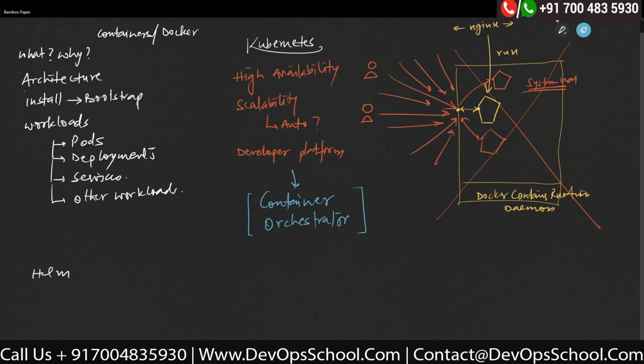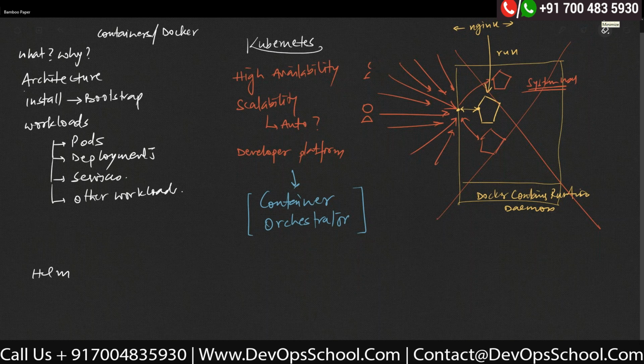It takes care of ensuring that your containers are running at a desired state, they are scalable, and it allows developers to directly deploy containers by not even dealing with Docker directly. They don't even need to know Docker commands. That's what a container orchestrator does. All right, now let's see how it does it.